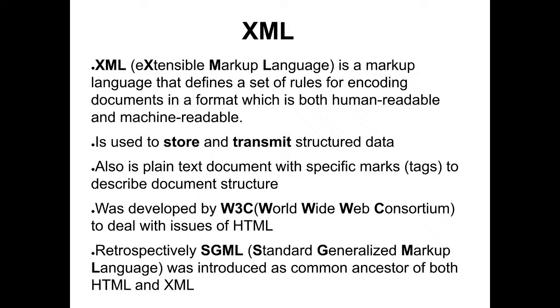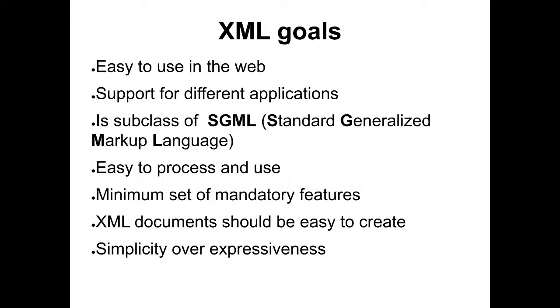It was developed by the W3C, World Wide Web Consortium, to deal with issues of HTML. Retrospectively, Standard Generalized Markup Language was introduced as a common ancestor of both XML and HTML. We'll talk about this stuff a bit later.